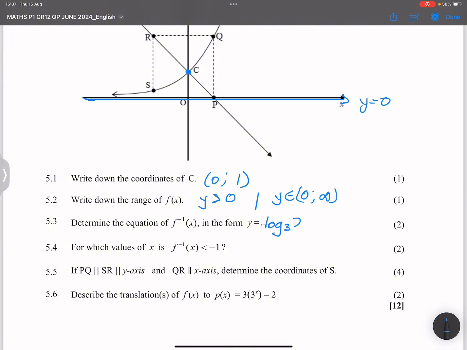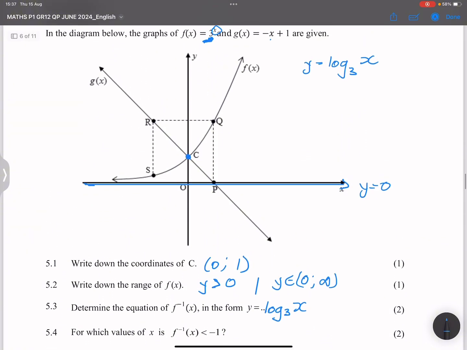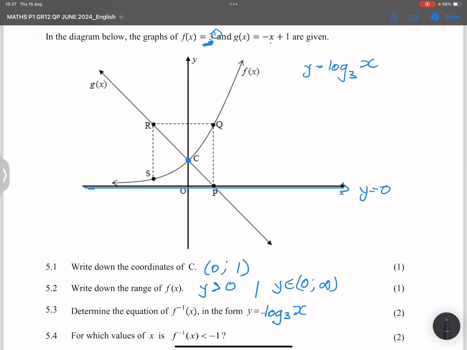Now they say to you, for which values of x is f inverse less than -1? So for your log graph, what happens to this graph is exactly the opposite of what happens in the graph of f of x.